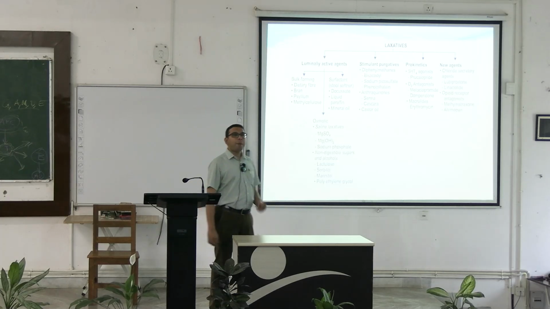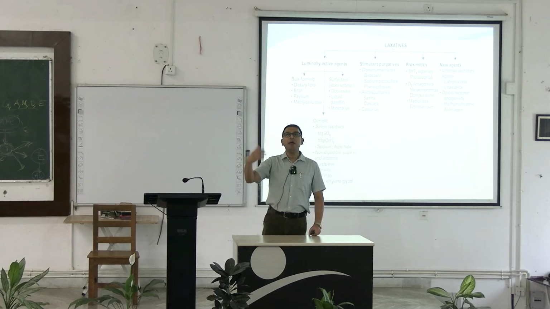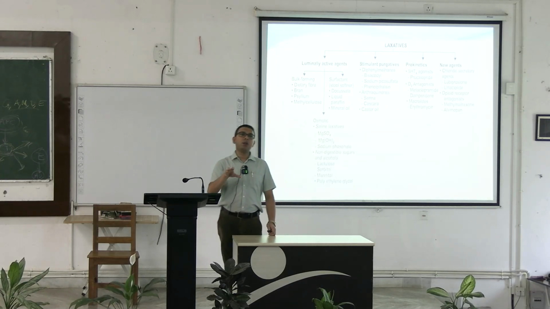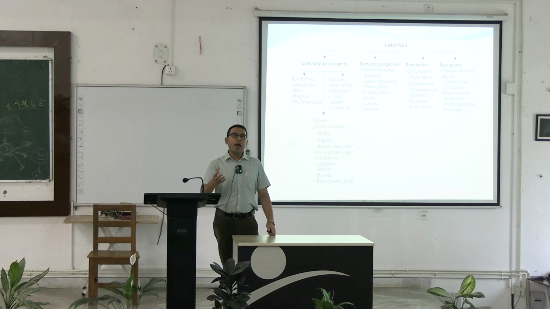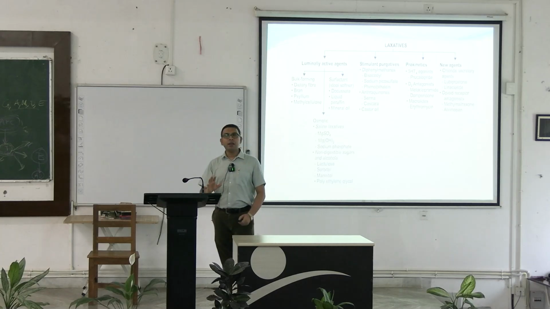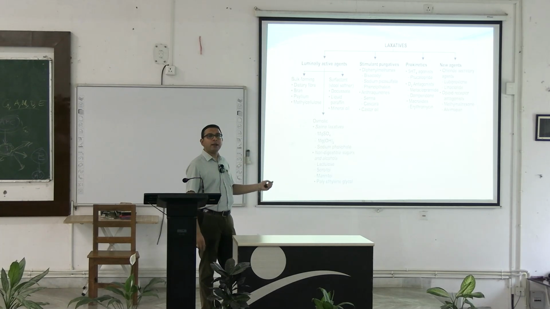These stimulant purgatives are usually used as a short-term measure or on an as-needed basis. If the patient is suffering from constipation infrequently and is not responding to dietary fibers, then we can use these stimulant laxatives or stimulant purgatives.